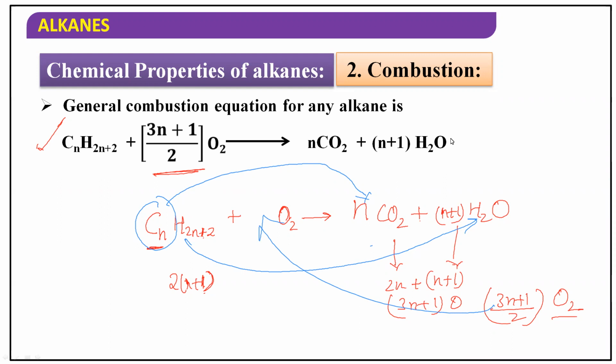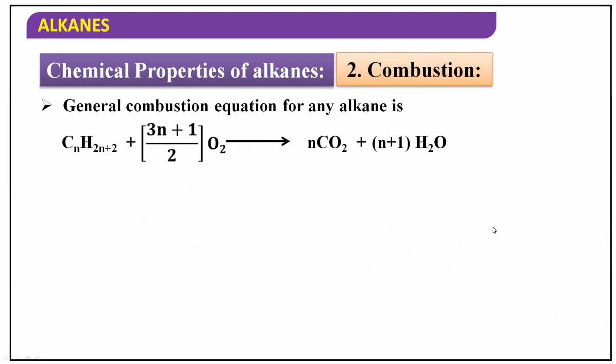If you forget in the exam how many moles are required, we can balance quickly, but better to remember the formula. If n equals 4, C4H10, then 3 into 4 is 12, plus 1 is 13, so 13 by 2 oxygen. Directly we can do it.